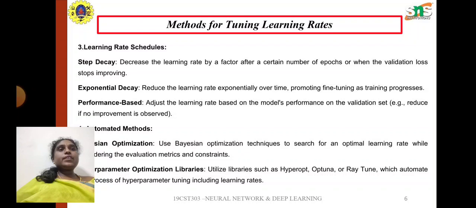A learning rate that is too high can lead to unstable training, while a low learning rate may also slow down the convergence, which falls under the learning rate schedules. And the automated methods, where the learning rate interacts with other hyperparameters like batch size, optimizer choice, and regularization techniques. Consider these interactions while tuning the learning rate.